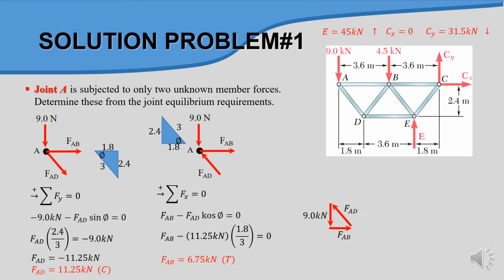The correct diagram, the second drawing, we can use to get the value of FAB, and finally we obtain the value of FAB is equal to 6.75 kilonewton, which, as in the first place we said, FAB is in tension.